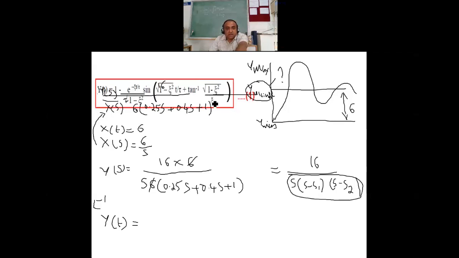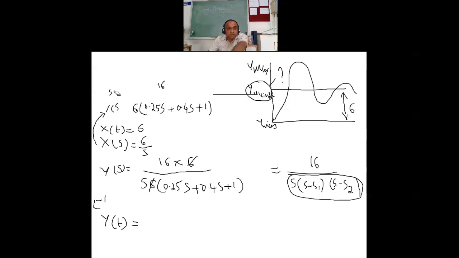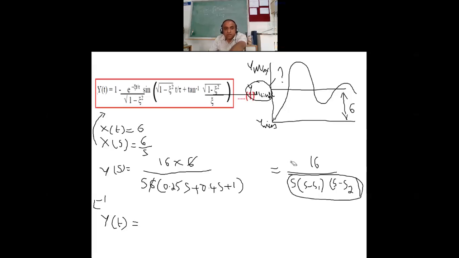Otherwise, I'll erase the part of that. Okay, I've taken this. Now I think you can see that. So this was our equation 1.